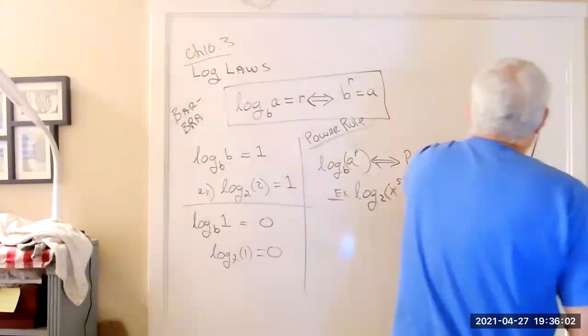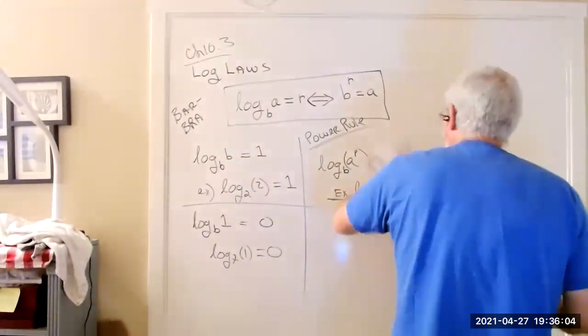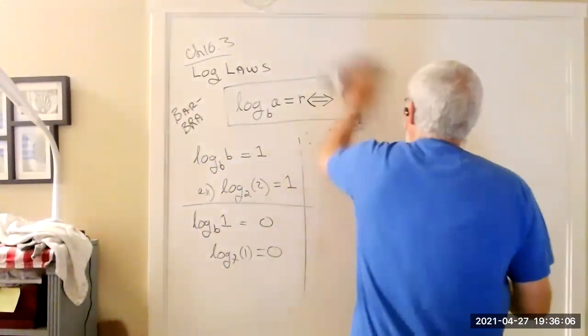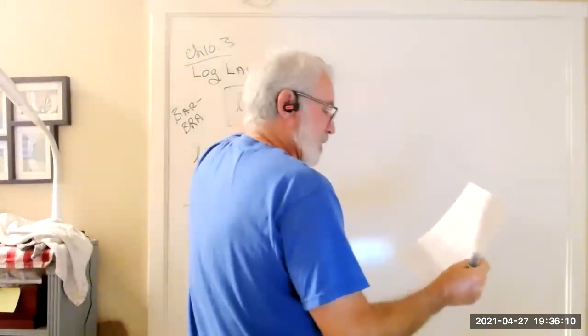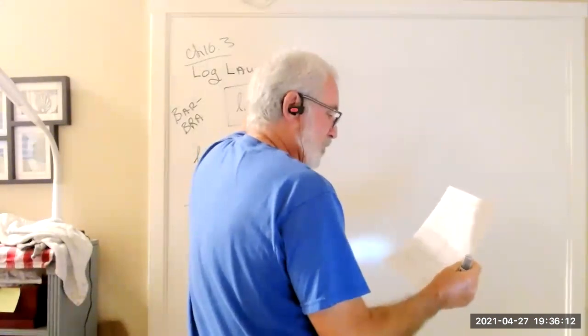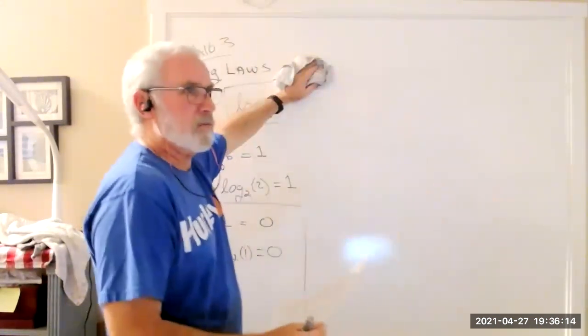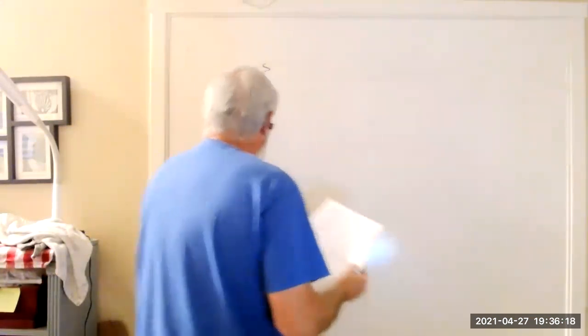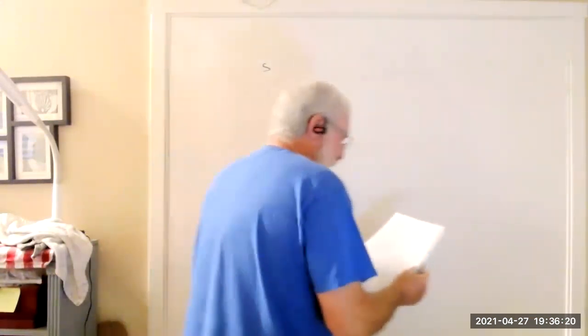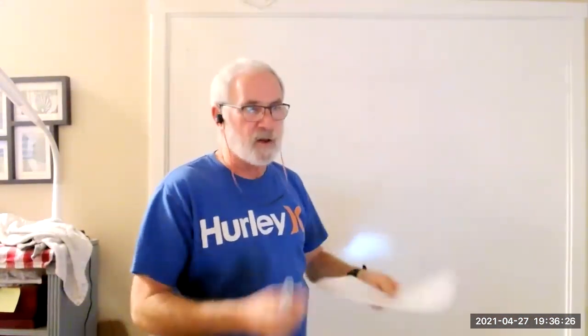One of my students had this in class, and I liked it so much that I borrowed it and made copies. Actually, let's just call it the truth: I stole it and made copies and have been using it ever since. It's really cool. It outlines almost all of the rules that you're going to need in this chapter.